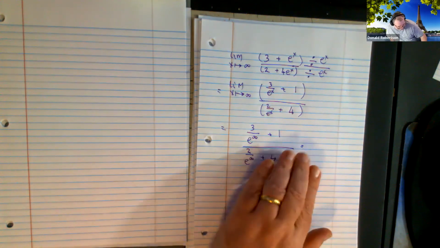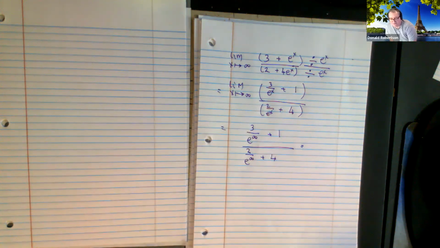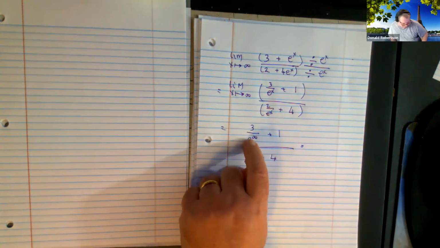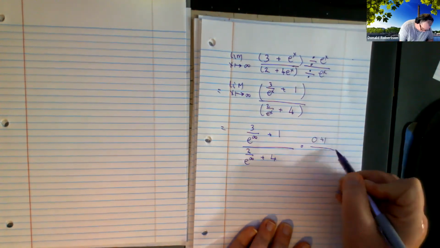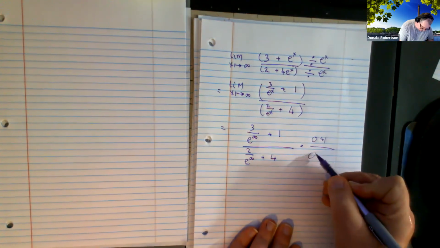Let's figure out what 3 over e to the infinity is. Would you agree that e to the power of infinity is infinitely large? So isn't that 3 over infinity, which means it's 0? And isn't that the same kind of thing, also 0? So the answer is a quarter.